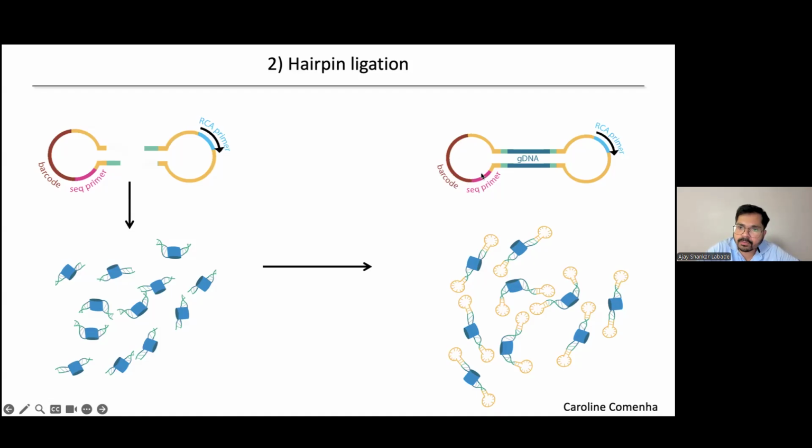And we do not know the barcode because every fragment is unique now. It has its own barcode. The other side of the dumbbell has a rolling circle amplification primer binding site, so that when we put the primer, we can perform rolling circle amplification on this dumbbell sequence, because you can see it is basically a circle of the DNA.